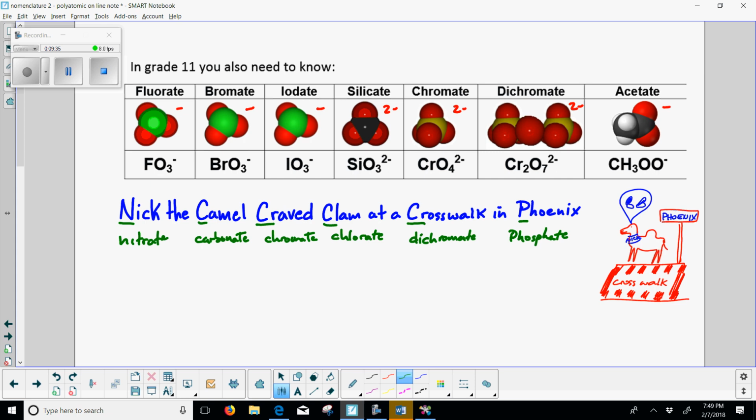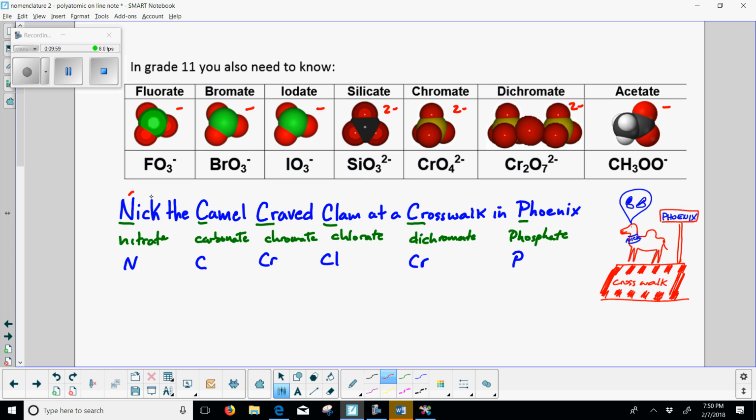So how does this help us with the formulas? Well, here's what you do. You write down the first part of the formula, so nitrogen in nitrate, carbon in carbonate, chromium in chromate, chlorine, another chromium, and then phosphorus here. Now what you do is you look at the number of consonants in each of these words.